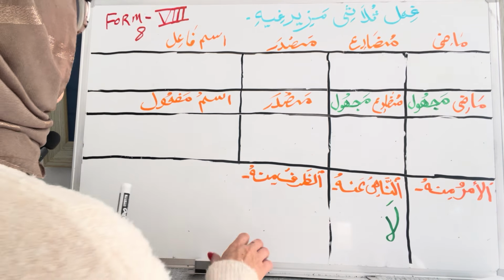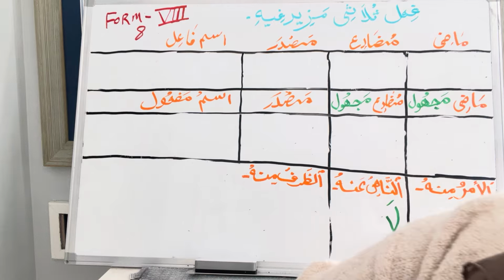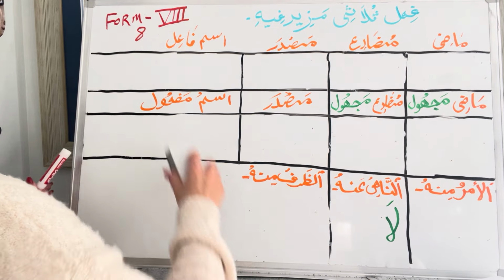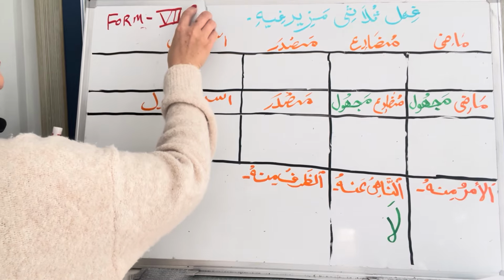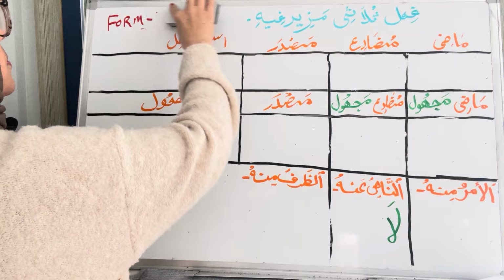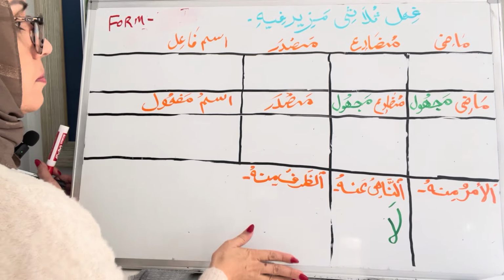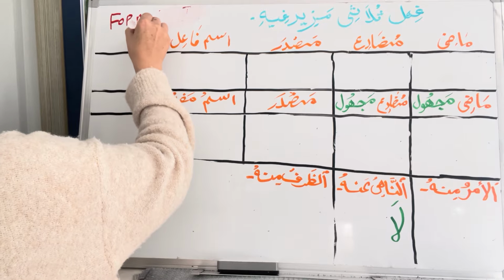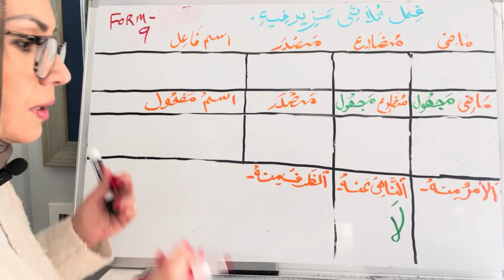Okay, so we have, oops, sorry, I should have changed this to Form 9. We got Form 9.